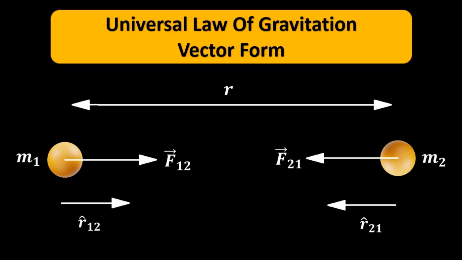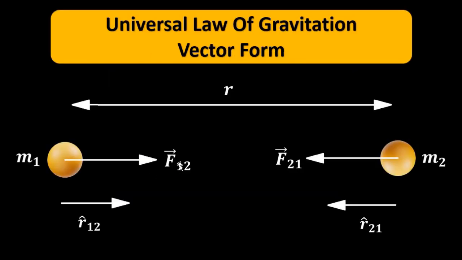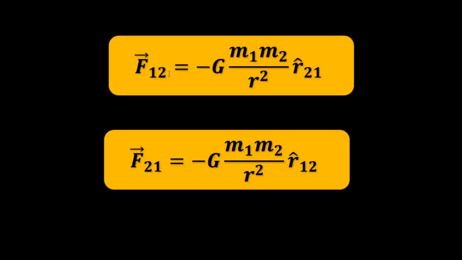The minus sign is used because F12 vector is opposite to R21 vector, and F21 vector is opposite to R12 vector.